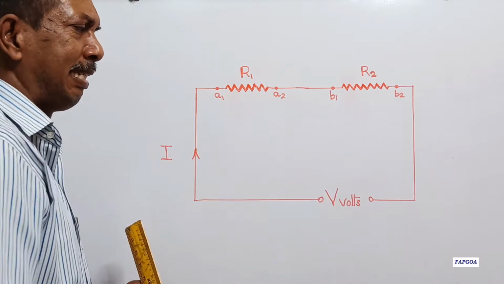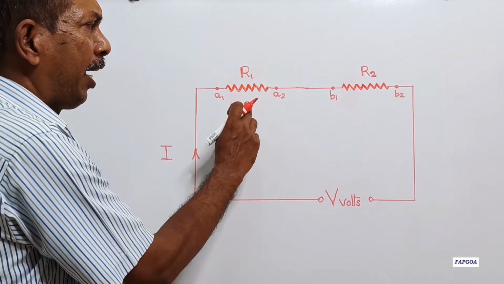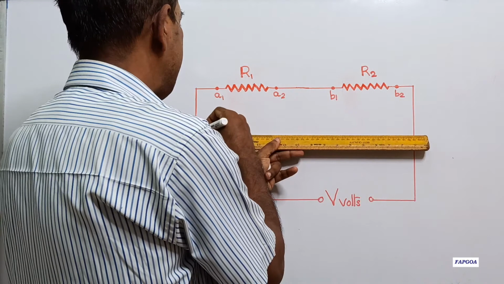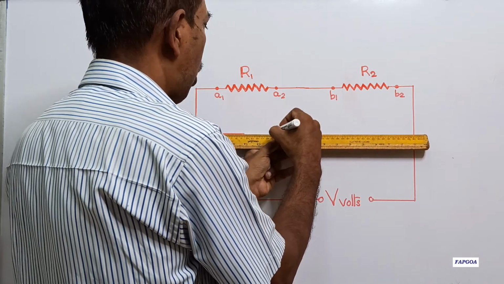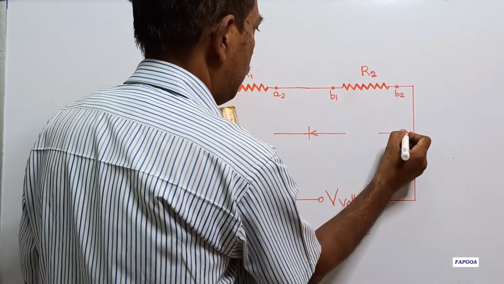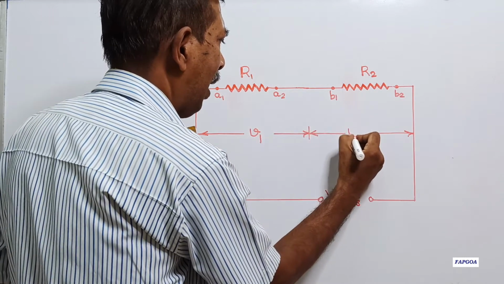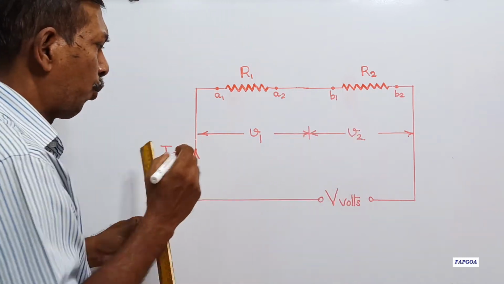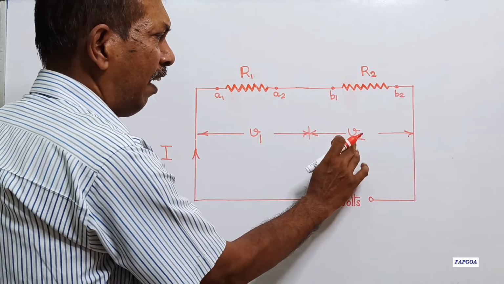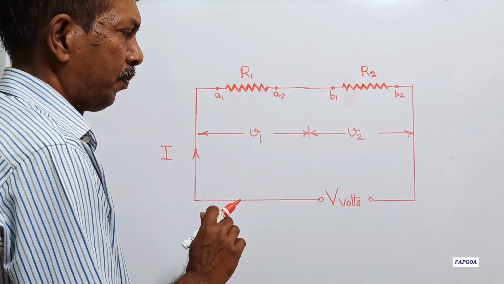Now in a series circuit, the voltage applied is dropped across R1 and R2. So what I will do here is, I will show these voltage drops. So this is small V1 and this is small V2. So V1 is the voltage drop across R1 and V2 is the voltage drop across R2.